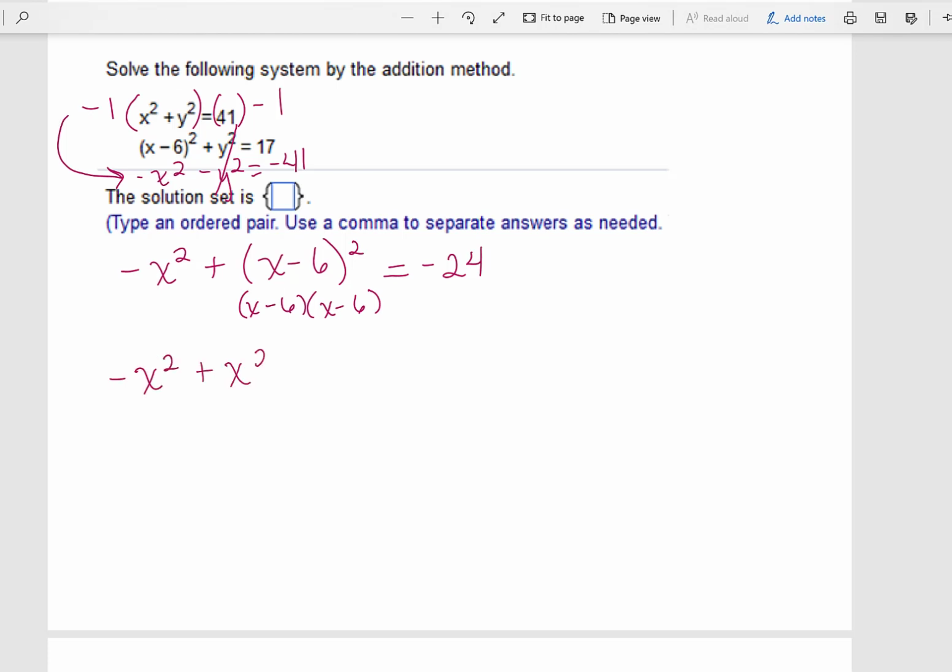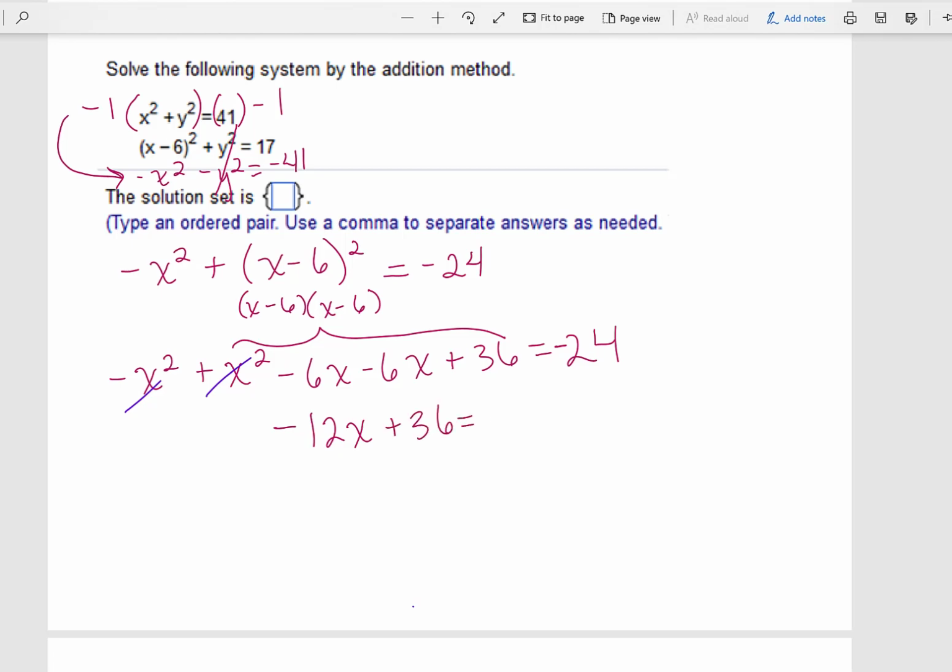That's going to be plus x squared minus 6x minus 6x plus 36 equals 24. Subtract 36 from both sides. Continue to solve for x, and we get x equals 5.